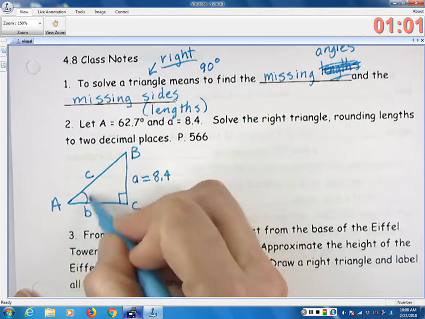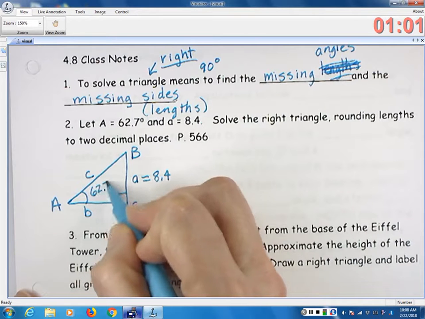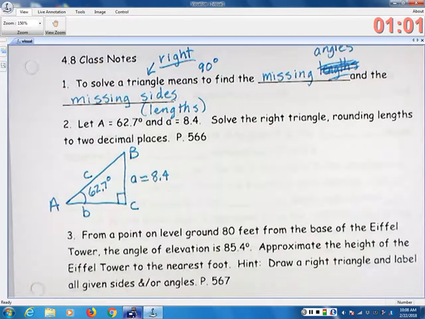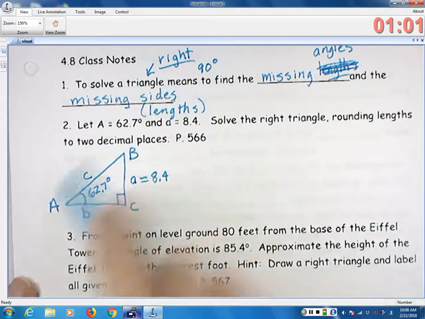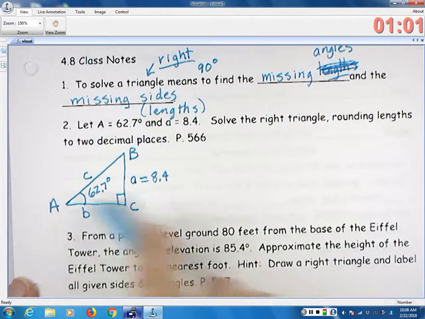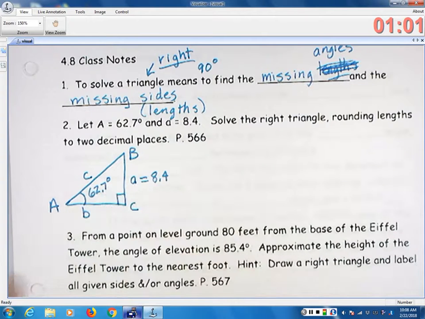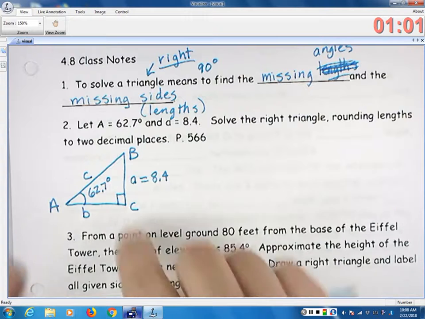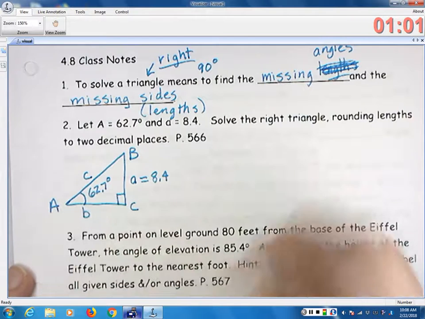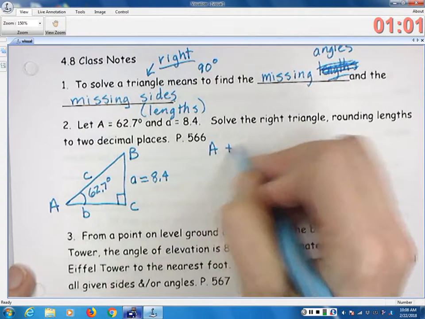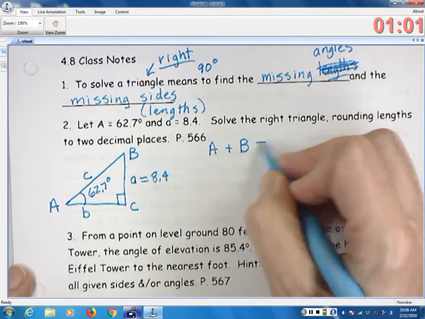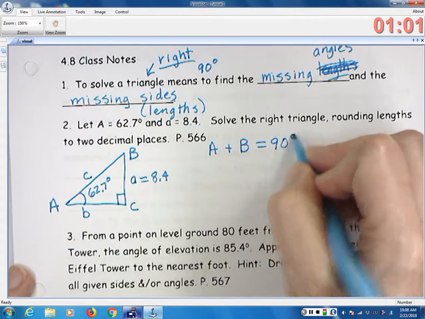A here is given to us as 62.7 degrees. This section we're going to work in degrees again. The angles of a triangle add up to 180 degrees, the inside angles of a triangle. So angle A plus angle B has to equal 90 degrees exactly.